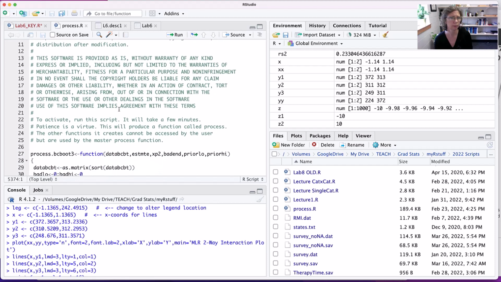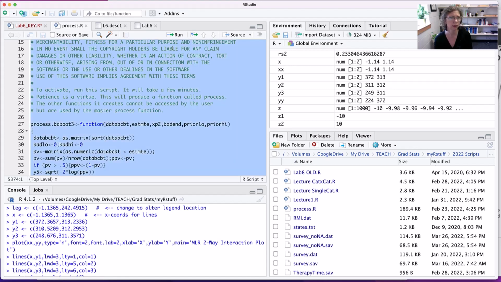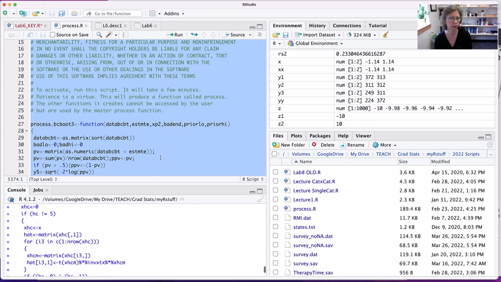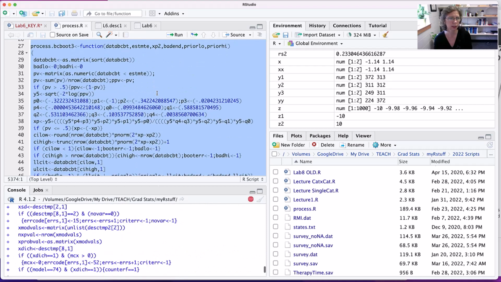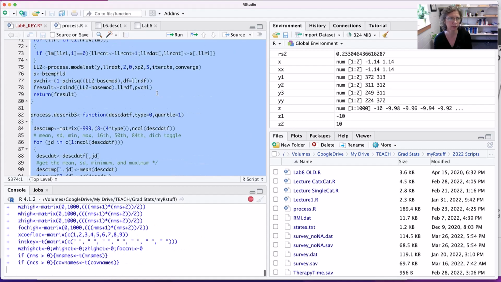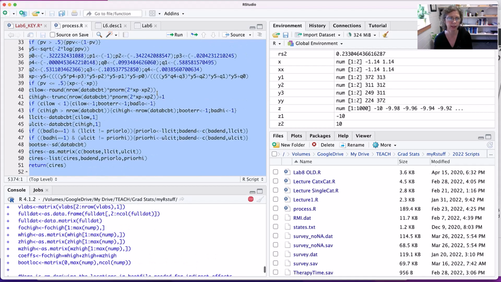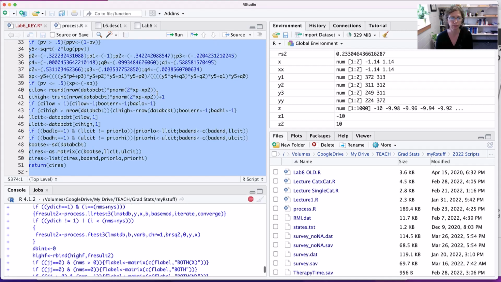To activate, you run this entire script, and it may take a couple of minutes. So I'm going to just Control A and run. And it starts chunking along down there. I did scroll it earlier, and once I got over 1,000 lines of code, I stopped scrolling. I figured, nope, I'm just going to Control A and run that puppy. But it's a lot of code.